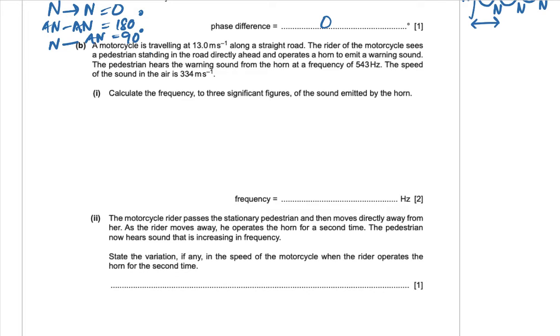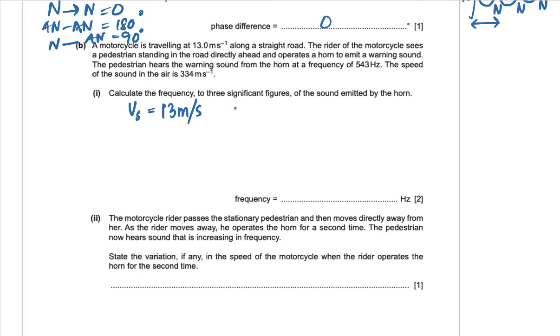Alright, so the motorcycle is traveling, let's just gather the data first. The motorcycle is traveling at 13 meters per second, so we have the speed of the source of the sound equal to 13 meters per second. The pedestrian hears the warning sound from the horn at a frequency of 543 Hz.